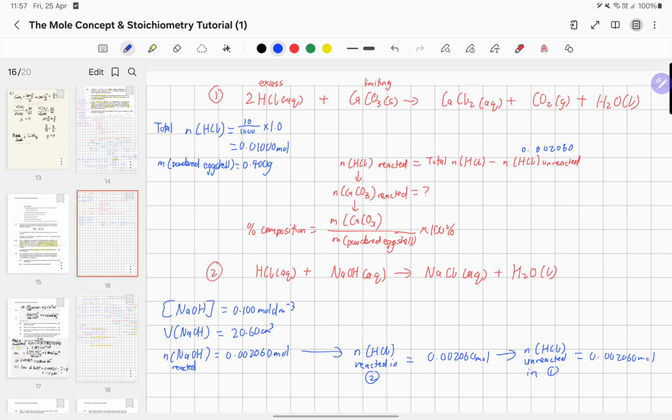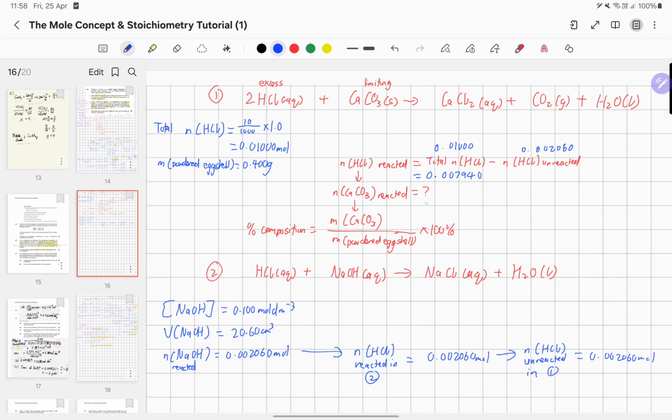Okay, and then when you put these numbers here, 0.01000 minus 0.002060, you get a value of 0.007940 moles over here.